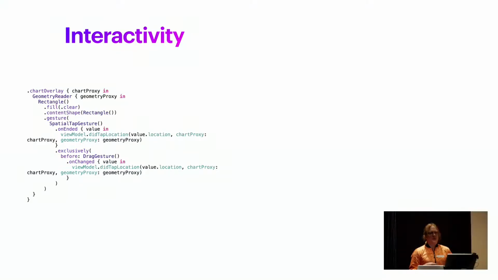So we're using a spatial tap gesture, which is new in iOS 16 and macOS 13, which gives us our coordinate point when we do a tap. So here we're going, okay, primarily we're after that tap. When that tap has ended, we want to grab our value. Using our different proxies, we then do our calculations to give us the point on the graph that we are interested in.